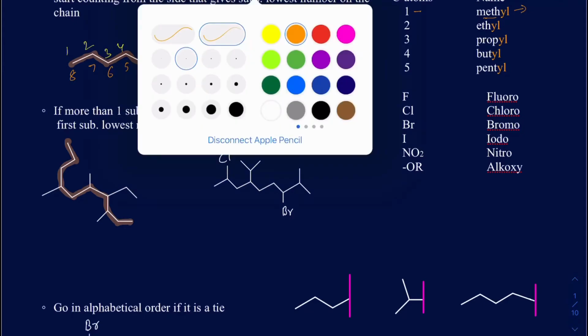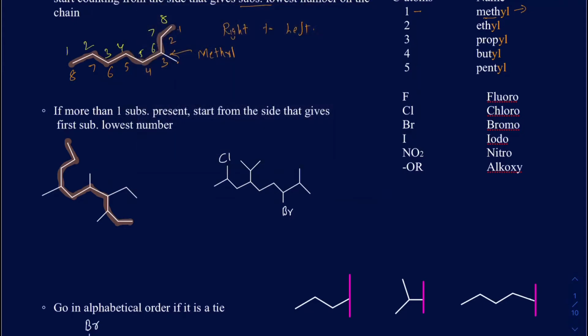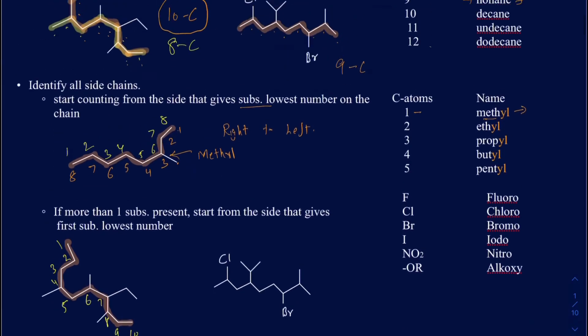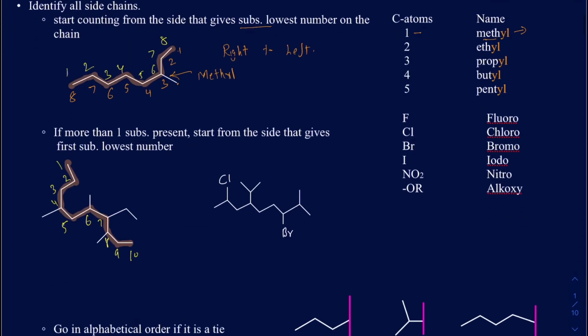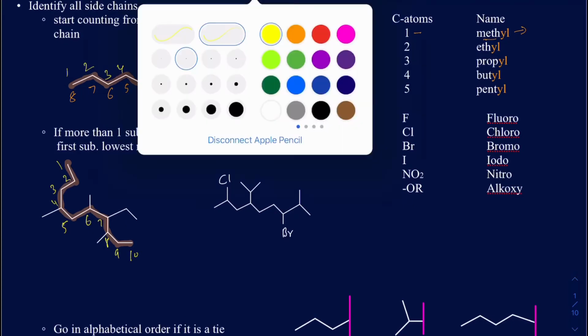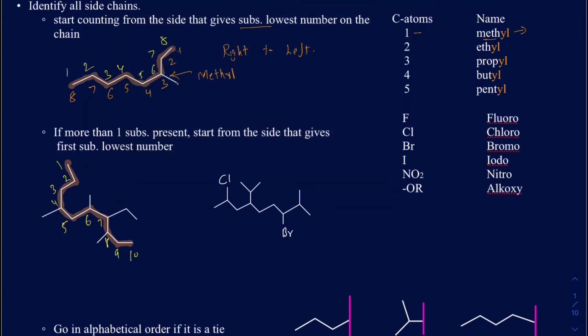So let's suppose if I count it from the top, then it's going to be 1, 2, 3, 4, 5, 6, 7, 8, 9, and 10. So we got 10 carbons in that case. And then if I count it from the other way, it's going to be 1, 2, 3, 4, 5, and then I got 6, 7, 8, 9, and 10.